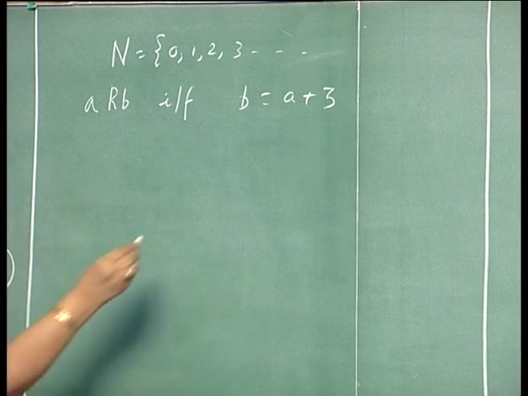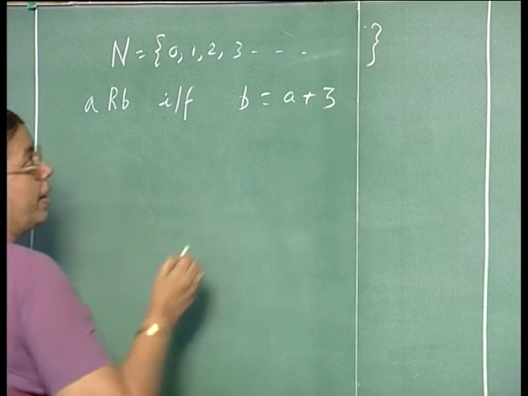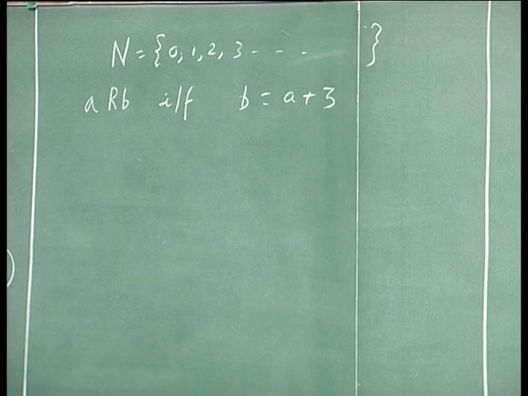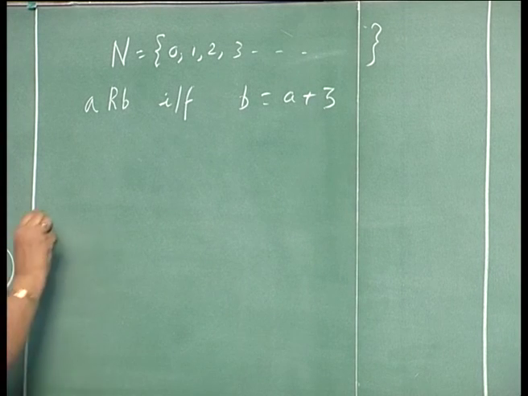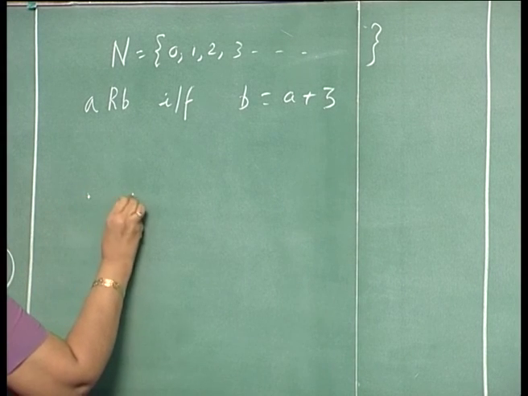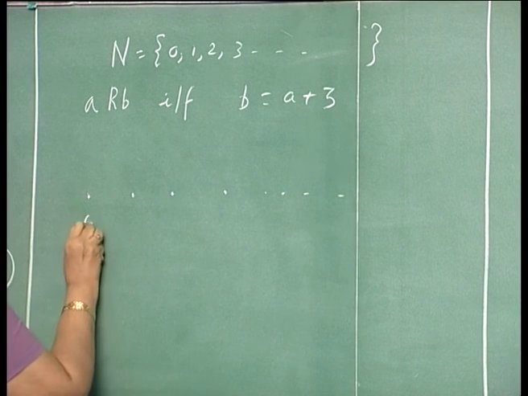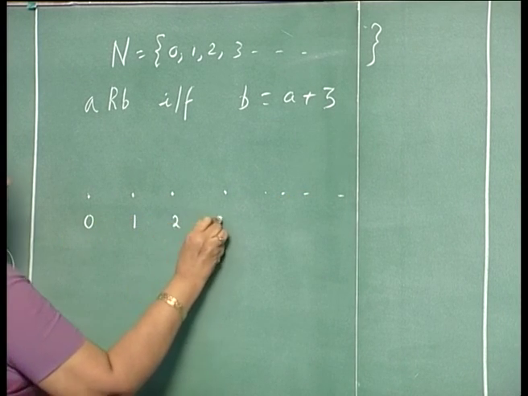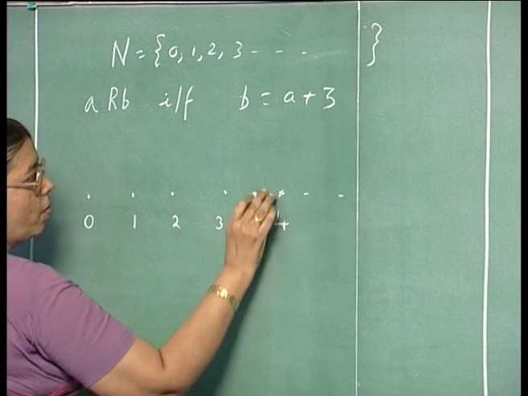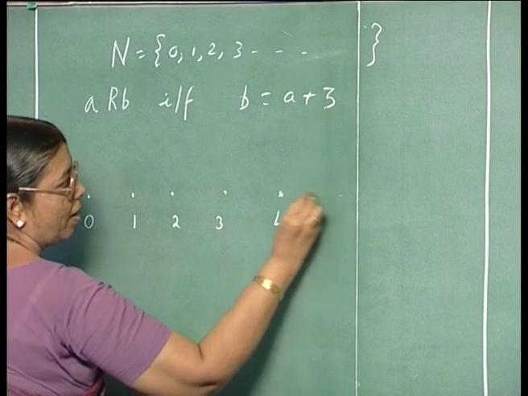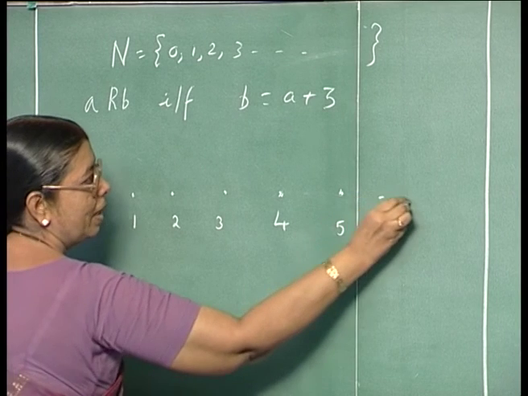So, how will you represent this infinite set and infinite relation? We cannot draw the graph completely, but we can represent a finite portion and say dot dot dot like that. So, take 0, 1, 2, 3, 4. You can say it will follow a similar pattern here.